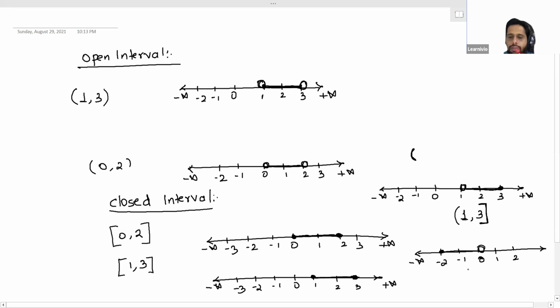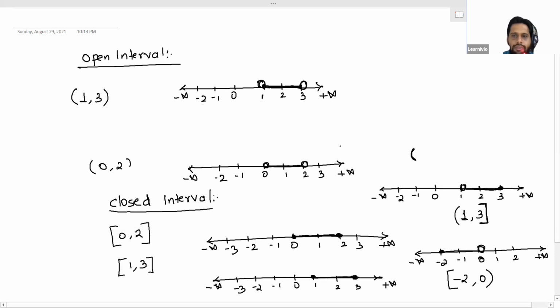So Rishan, in the interval form, can you tell me the answer? Sir, -2 closed interval bracket, and hollow 0. Right. Very, very good. So I guess this is clear to all.